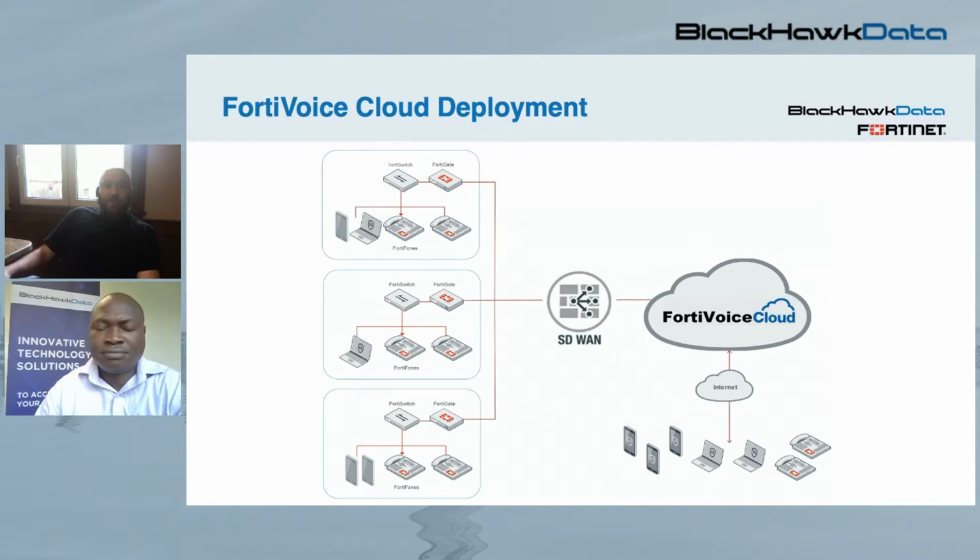The FortiVoice configuration itself is fairly straightforward. The phones can be registered directly through the ISP to the FortiVoice instance, and that can also be encrypted via TLS as well as SRTP. So again, lots of options for hardening those endpoints. In terms of brick-and-mortar physical locations, those are connected in a similar fashion.